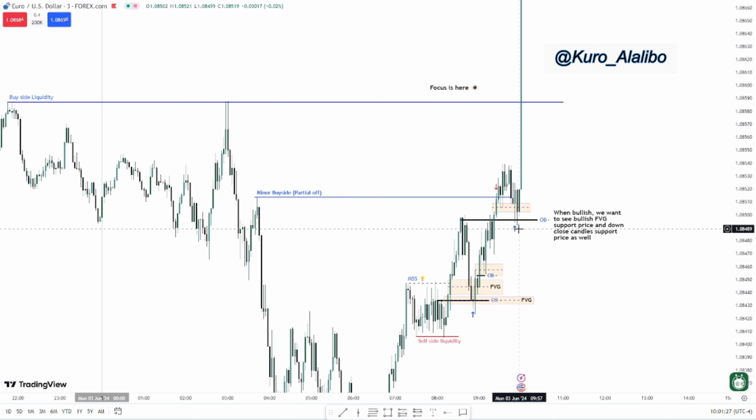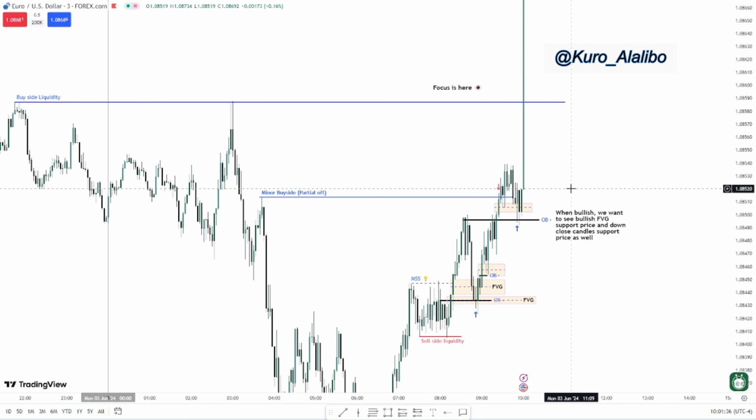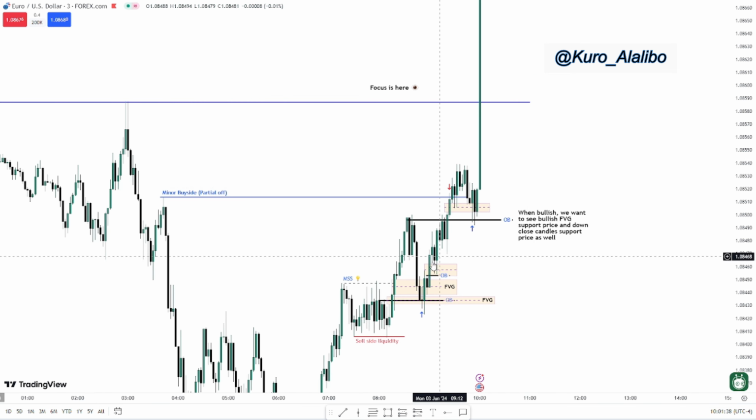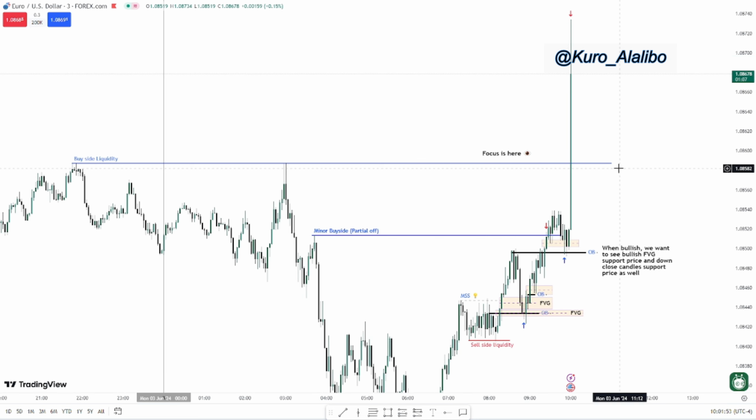And once your trade aligns with a high impact news event, with narrative, with something you're expecting anyway, and you're seeing these signatures in price, fair value gaps respecting price, down close candles supporting price, up, it gives you that added confidence in your trading, and the market is kind of showing its hand to you.